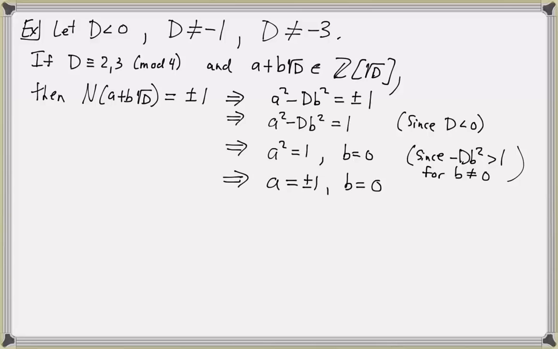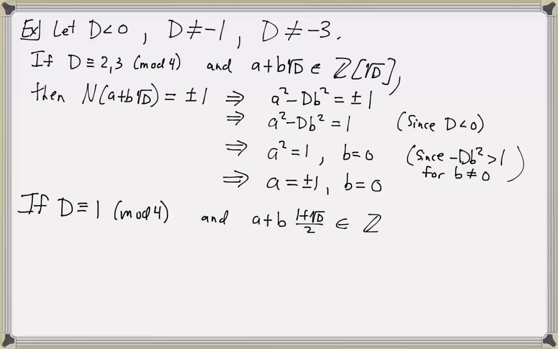Now let's consider the case when D is congruent to 1 mod 4. And let's take an arbitrary element of the ring O. So it's a plus b times (1 plus square root of D) over 2.